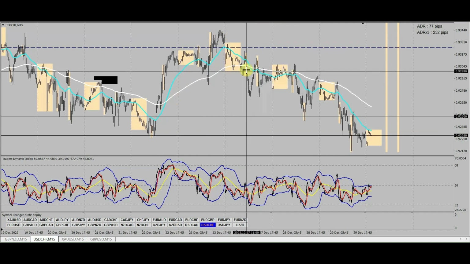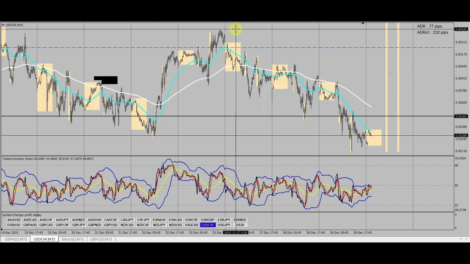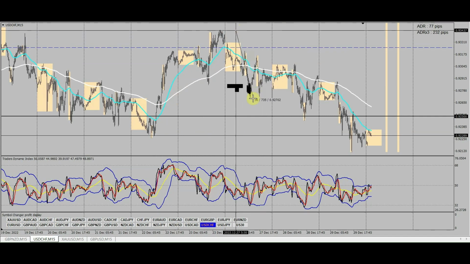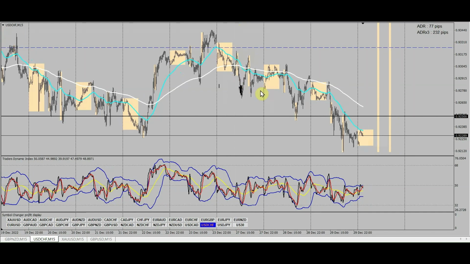But then we had our 1350 cross, sorry, our 5200 cross. And then we had a move of 74 pips. So coming into the next day, I'm looking for sells. I'm only going to be looking for sells until I see a move of 77 pips to the upside.